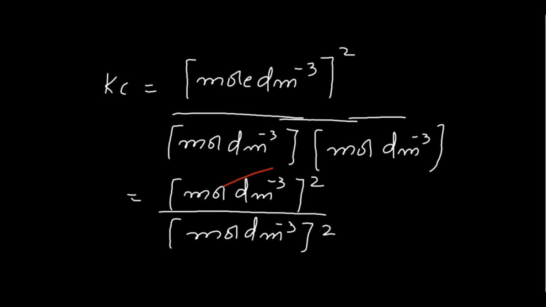Right students, since number of moles of reactants and products are equal, they will be cancelled out. So in this case, Kc has no unit. I hope this is clear to you students.